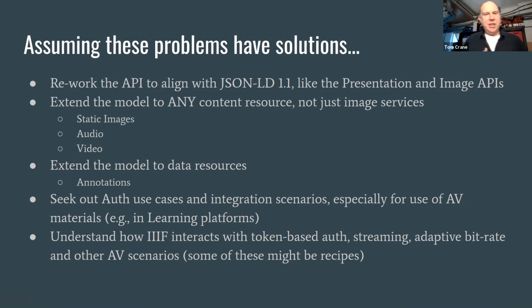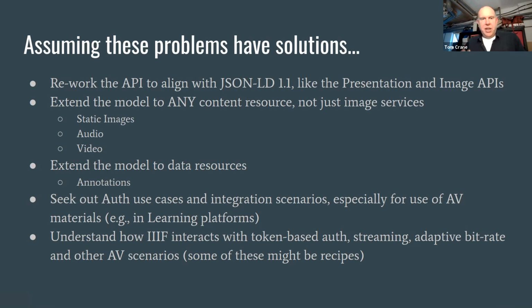But what about a static image, an audio file, a video file? And also, what about JSON-based resources that viewers load slightly differently from images and videos? Things like annotations, where you might have a set of annotations with different levels of access control. Here's one class's annotations, here's another class's annotations, differently protected.